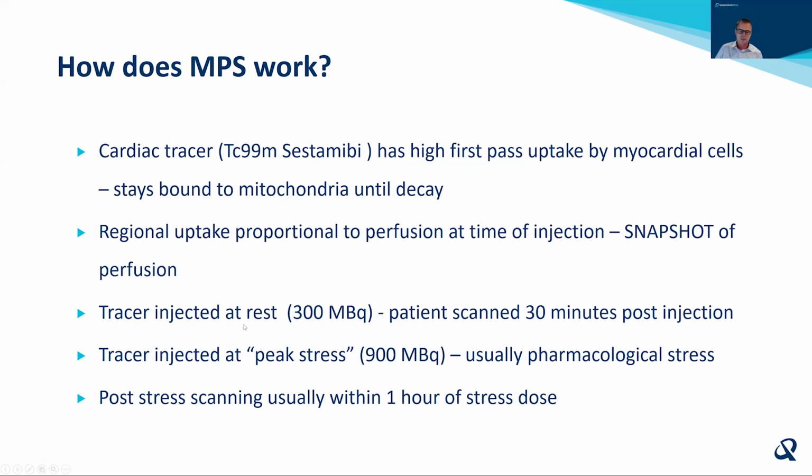So the tracer is first injected at rest and scanned 30 minutes later. And then the same tracer is re-injected at a higher dose, 3 times the dose usually, at peak stress. And presently that's usually pharmacological due to the change in Medicare rules. So post-stress scanning is usually done within 1 hour of stress dose. So the patient doesn't have to be scanned straight after peak stress. They can sit around and wait for time on the camera.